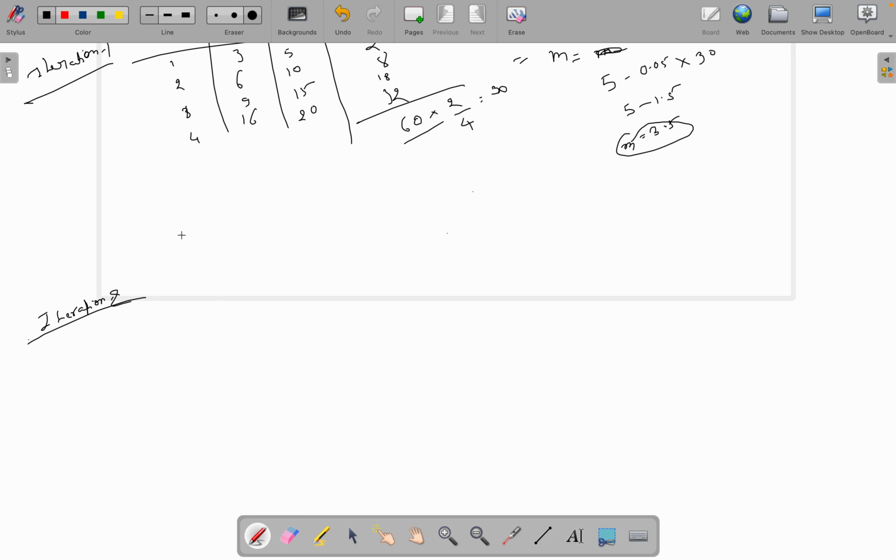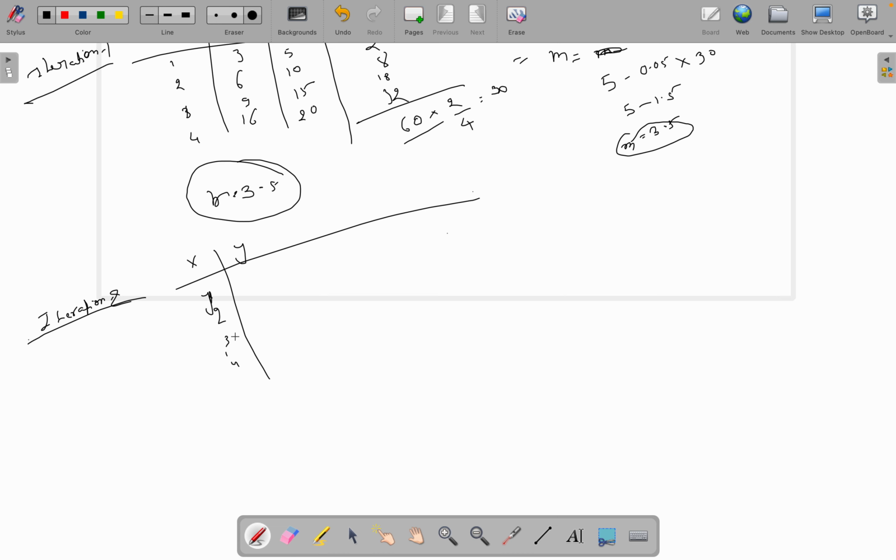So my new value of m is 3.5. Okay, so let's draw again the x value, y value. So x value was 1 2 3 and 4. Okay, and y value was 3 6 9 and 16.